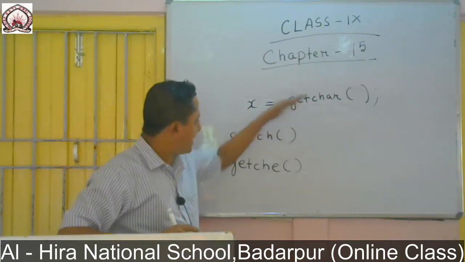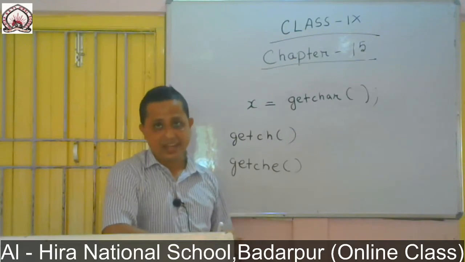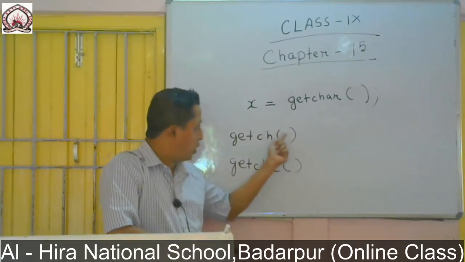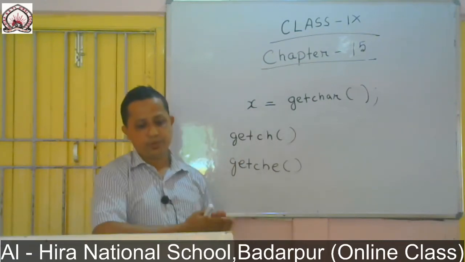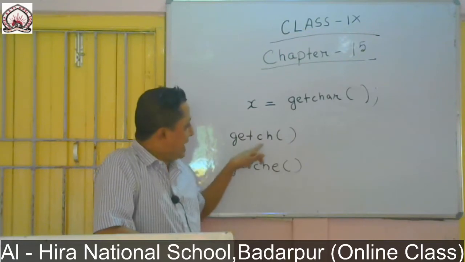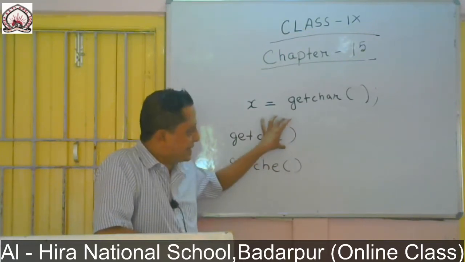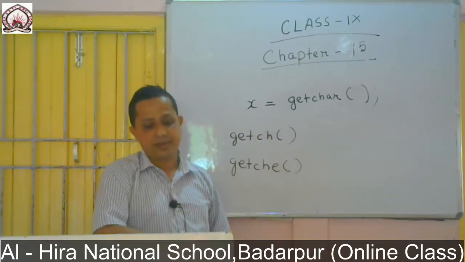So this was get, and these two are also get. These two functions are used to take one character input from the keyboard. It takes only one character as input. The getch function takes the input from the keyboard but does not show the character on the screen.